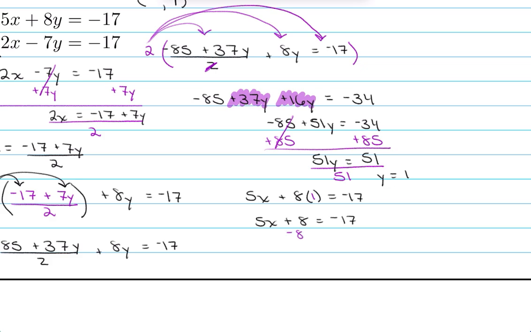Subtract 8 from both sides. I will get 5x equals negative 25. Divide both sides by that 5. And my x equals negative 5.